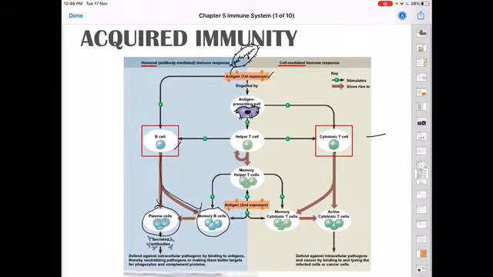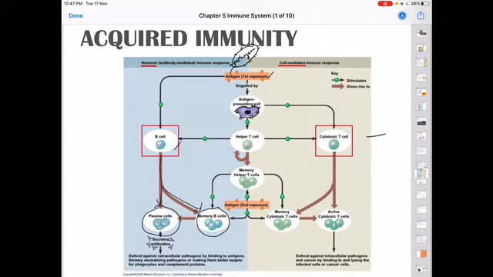Meanwhile, the memory B cells will keep the memory of that particular pathogen. So if there is a second attack by the same pathogen, the memory B cell will ask the plasma cell to produce the same antibodies as previously. Okay, but for cytotoxic cell, fungsi dia berbeza. Kerana apa?